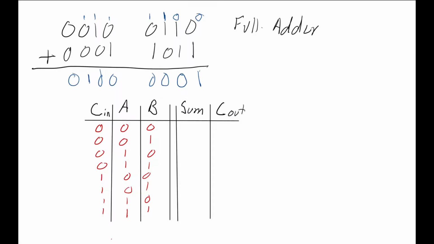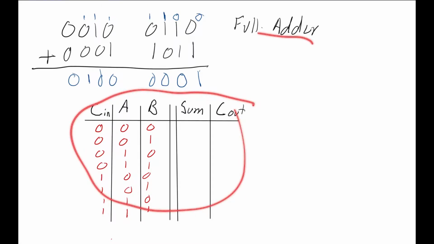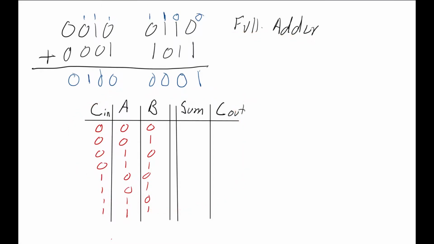So let's make a truth table for the full adder. Now remember, the inputs are the carry in from the previous bit, one input bit from the first number, and one input bit from the second number. With these three inputs, we will add these up together and produce the result called sum, and then we'll also produce a C out.